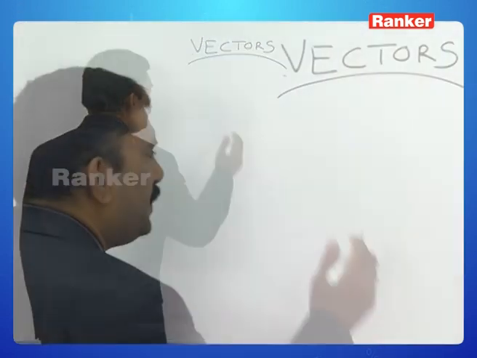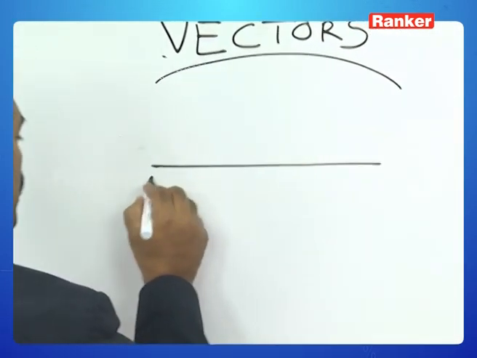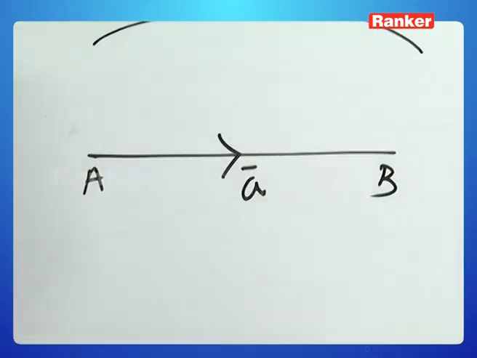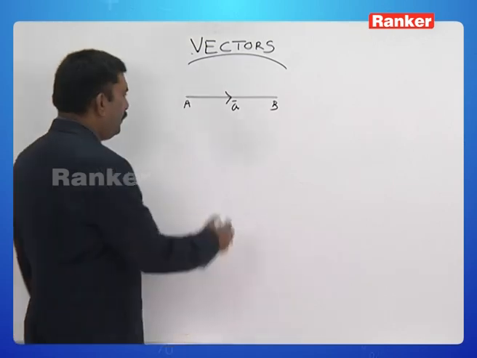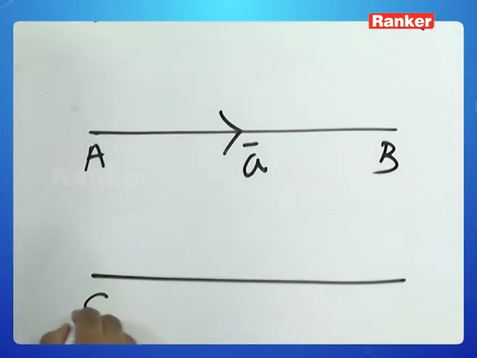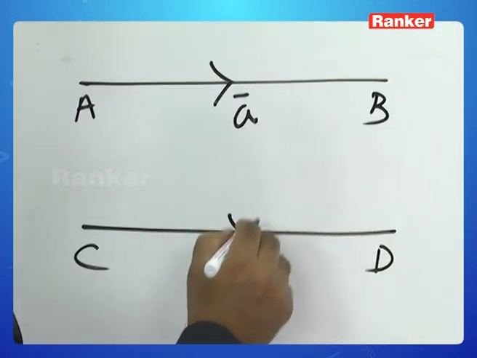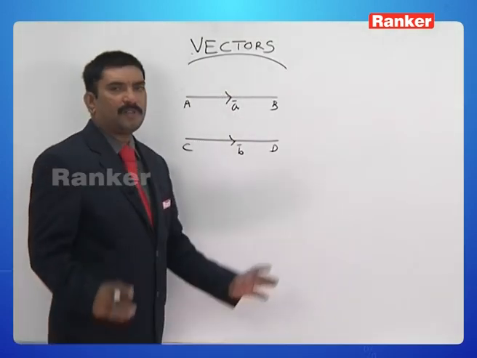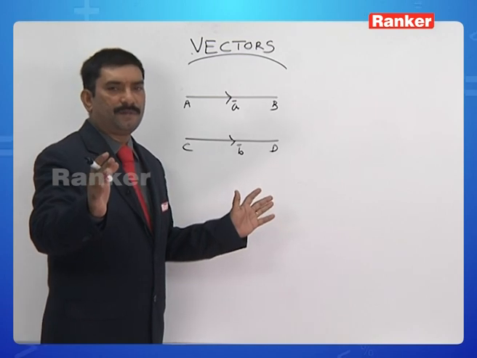For example, say AB is denoted by A bar and I take CD as B bar. I am not speaking about the magnitudes.